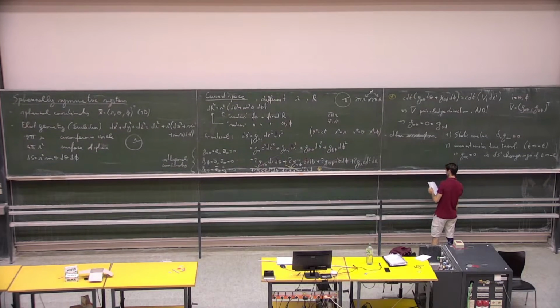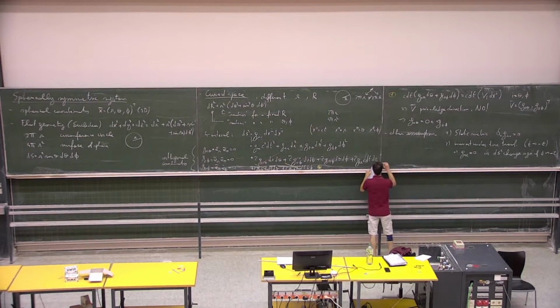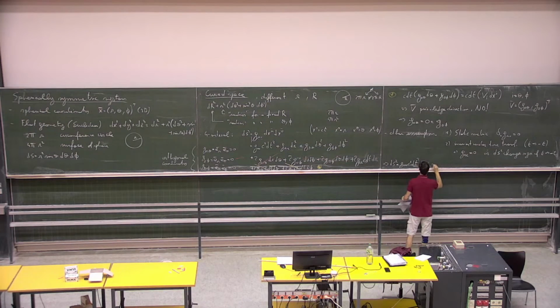Doing that, we can find our final, most general metric for a spherical system, which is ds squared, which contains all the diagonal terms. So we have G00 c squared dt squared plus GRR dr squared plus the three-dimensional part that is associated to the angles only, which is r squared d omega squared.